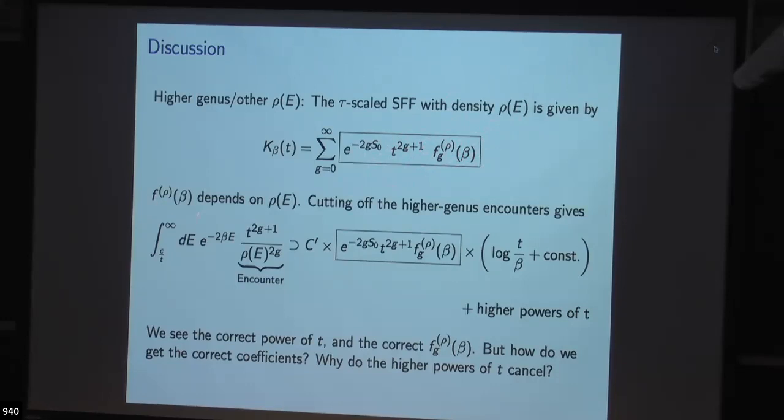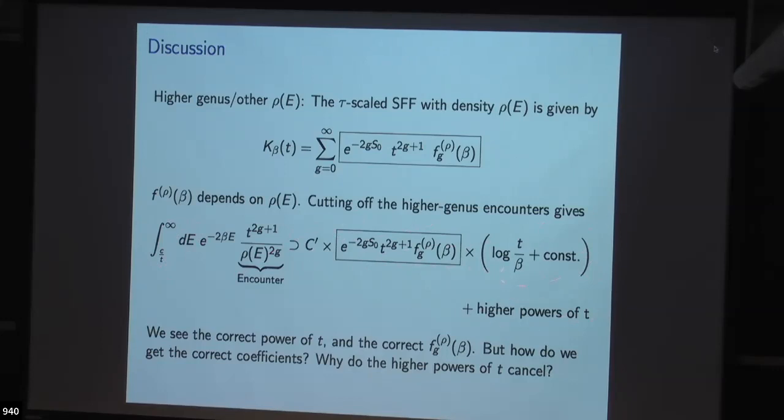What do we get if we take these encounters at higher genus and try to apply this cutoff procedure? So a given encounter at genus g, say a bunch of 2 encounters or a 10 encounter or something like that, the answer you always get is t to the 2g plus 1 divided by rho to the 2g. And if we plug that into one of these integrals where we cut it off at low energies, we find a contribution like this plus some higher powers of t.